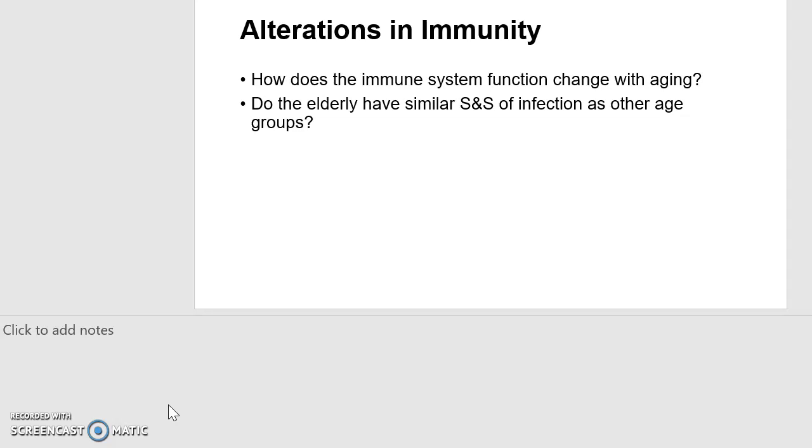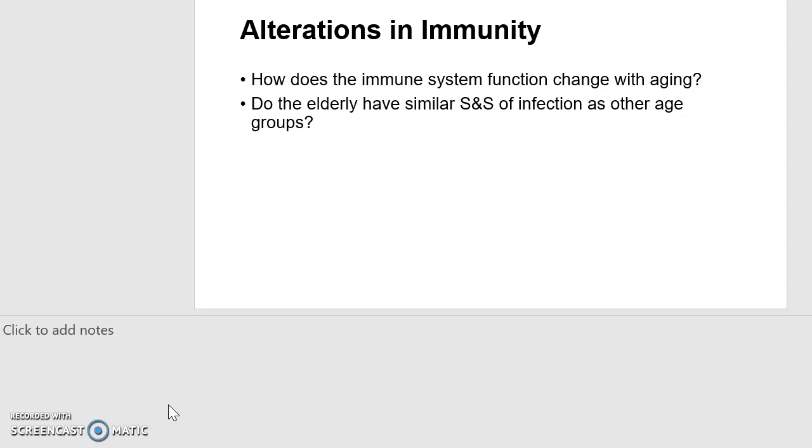It is slower to respond, which increases the elderly's susceptibility to diseases, whether they're communicable or not. So they do have an increased susceptibility to the flu or even, say, to a C. diff infection. They heal more slowly because they don't produce as many immune cells as they have in the past.